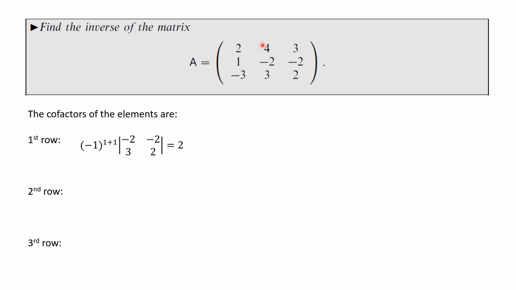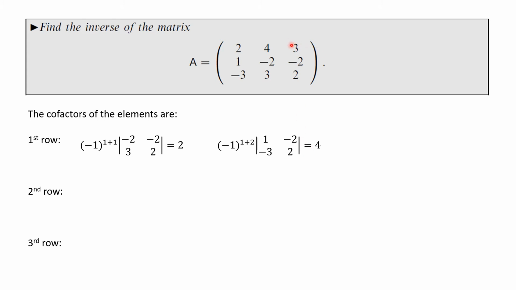For your A12, still on your first row, you have negative 1 raised to 1 plus 2 times the determinant of this matrix here, composed of your 1, negative 3 and negative 2, 2. Negative 1 raised to 3 is equal to negative 1. So you have negative 1 times the determinant of the square matrix, which is equal to 4.